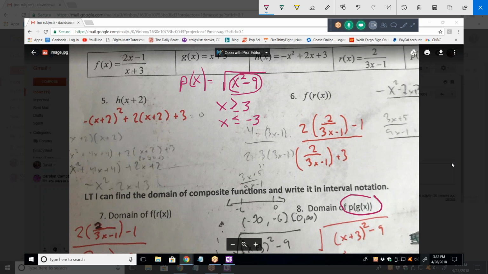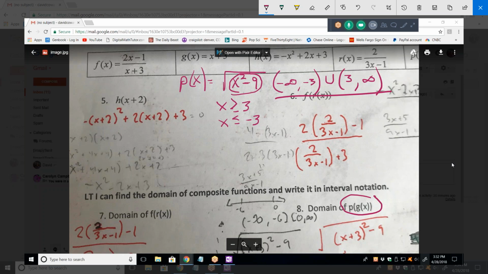Those are the restrictions. So if I was doing this in interval notation, I would go negative infinity to minus 3 in union with 3 to infinity. Yeah, the only range x cannot be is anywhere between minus 3 and plus 3. Because then you'd be taking the square root of a negative number. So there's the domain for P.